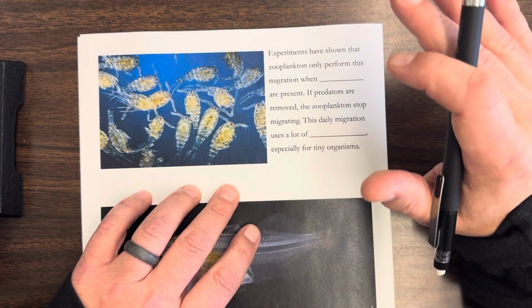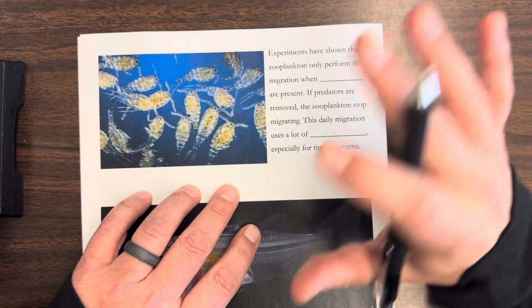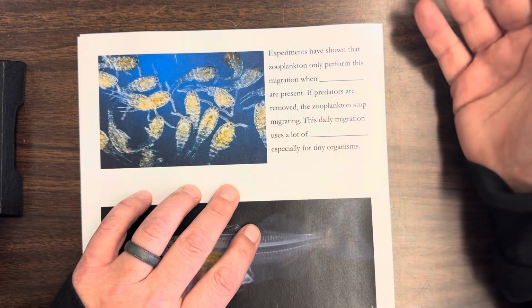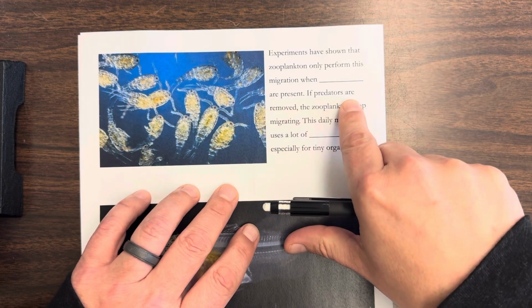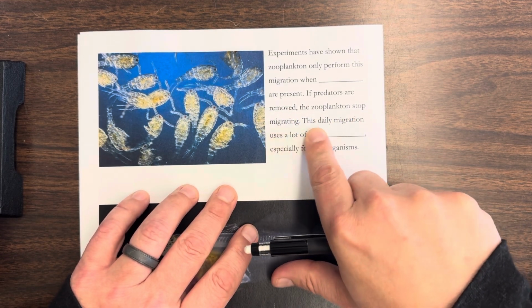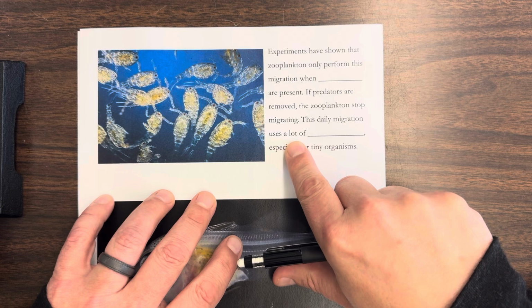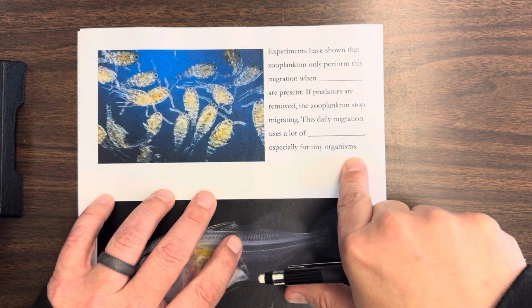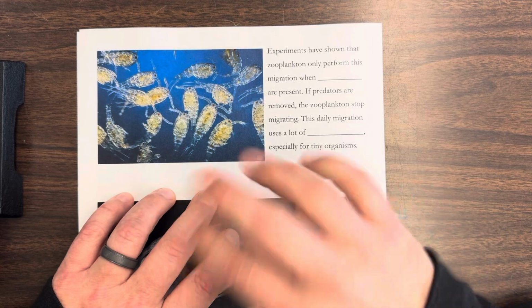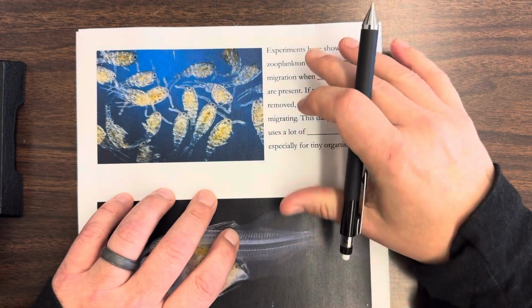They'll just stay up at the surface. It's just whether it's safe or whether it's not safe. If predators are removed, the zooplankton stop migrating. This daily migration uses a lot of energy, especially for tiny organisms. If they can avoid using that energy, they're going to. It's better to do that.